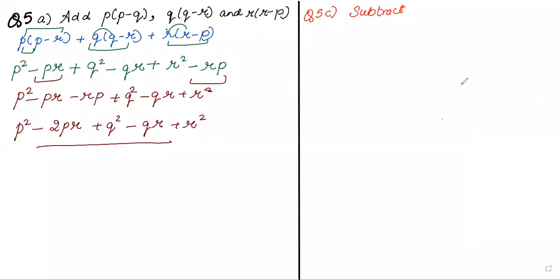Question number 5, part C, subtract 3L into L minus 4M plus 5N from 4L into 10N minus 3M plus 2L.